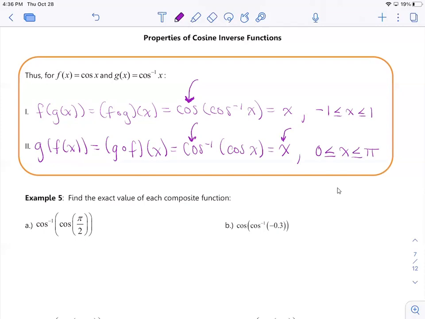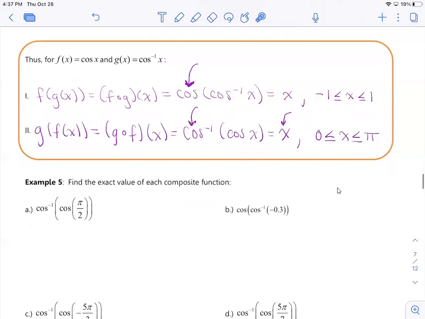So the nice thing is, when it's this order, there's no way you can manipulate it. It either lives in here or it doesn't, and it would be undefined if it doesn't. This order, when your inverse function is on the outside, this thing is always going to be an angle. You can always manipulate an angle. All right, and hopefully with these examples, what I just said will make a little bit more sense.